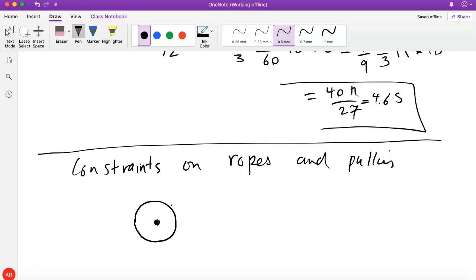This pulley is rotating, let's say at some instant in time, with angular velocity omega.